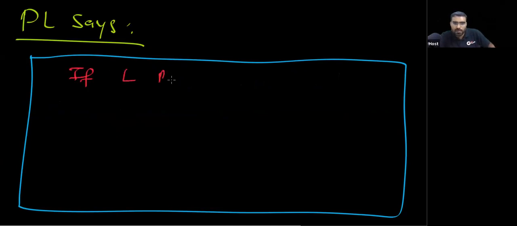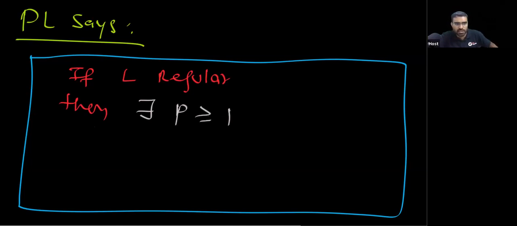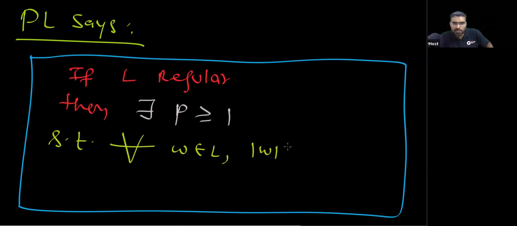If L is regular, then there exists a pumping length, a magical number p, such that for all w which belong to L whose length is greater than or equal to p, every such w can be pumped.